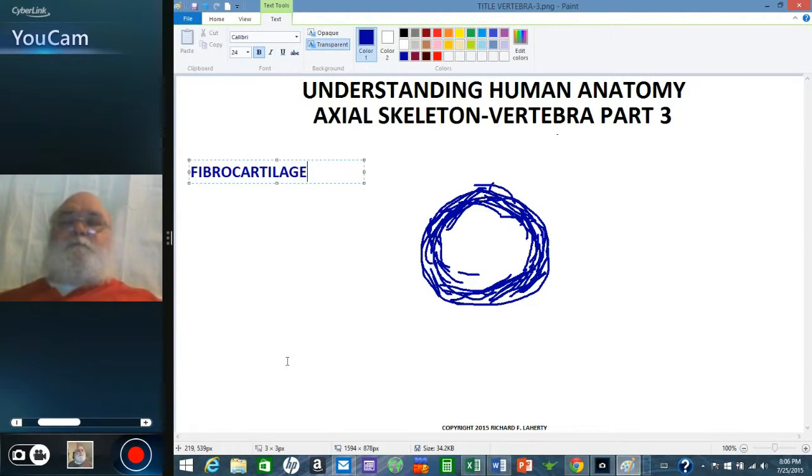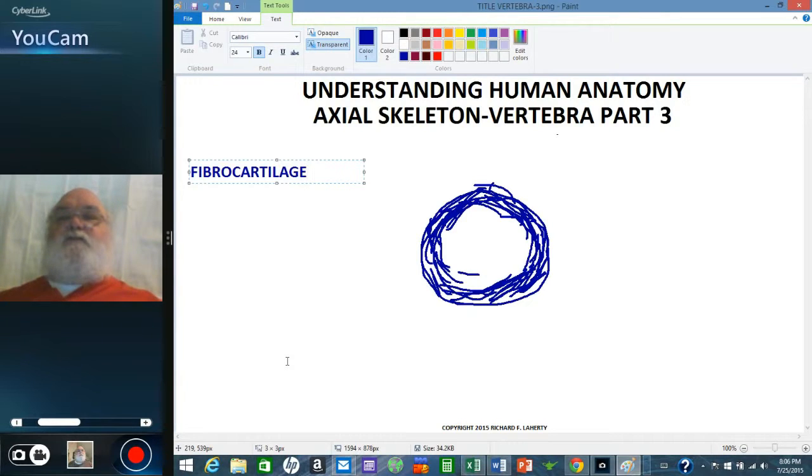Fibrocartilage is a hybrid or a combination of the kind of connective tissue that makes up a tendon or a ligament and of cartilage, a more structural tissue.